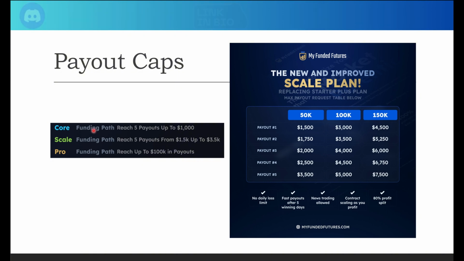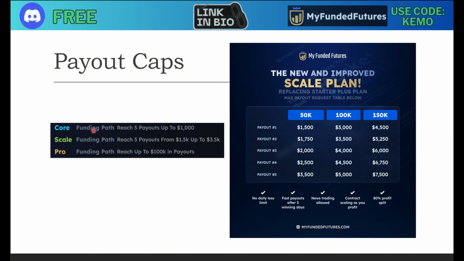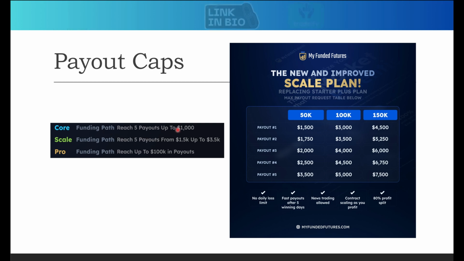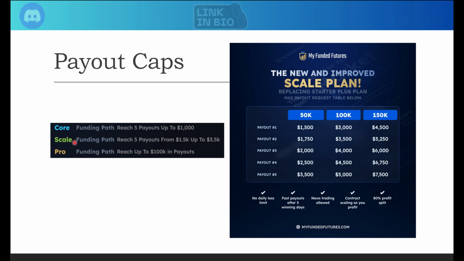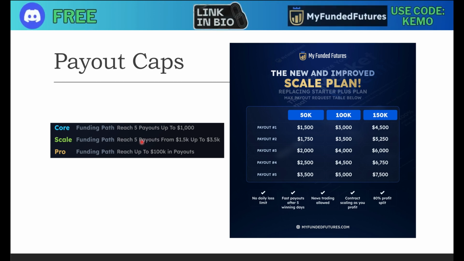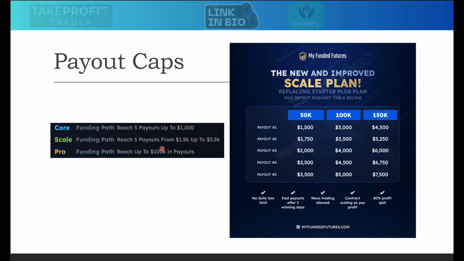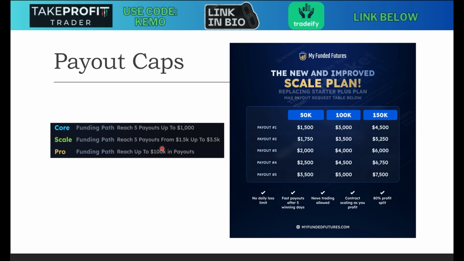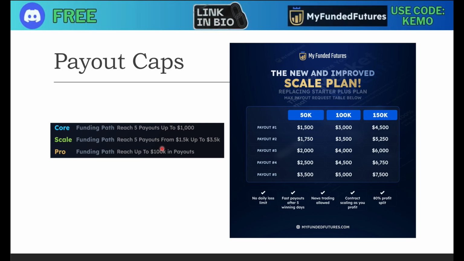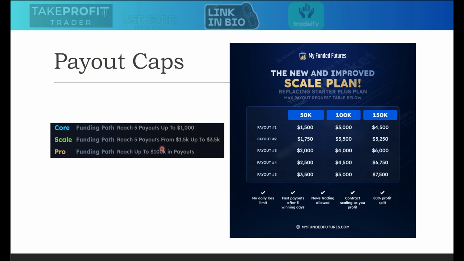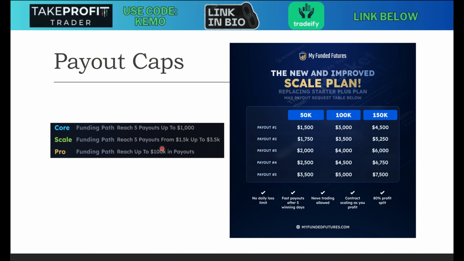It's really cheap. It's $60 for a 50K account, and it will get you the exact same things as the scale plan. Honestly, it's just the differences in the payout caps. So if you are just a basic trader, you have 5 accounts of 50Ks with MyFundedFutures using my code.